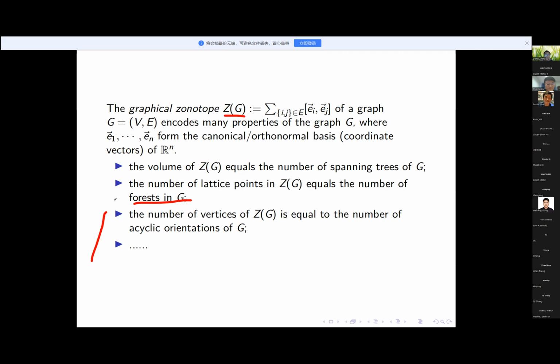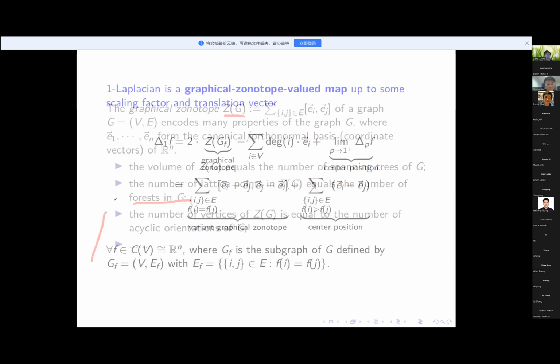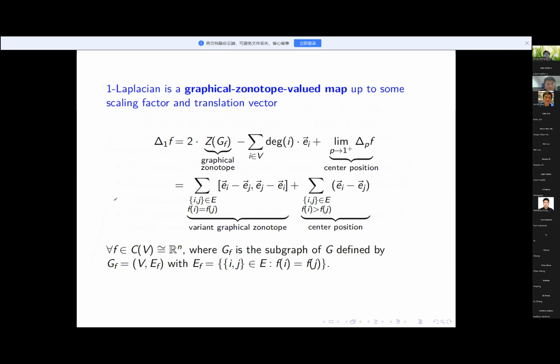Okay, let's turn to the relationship between the 1-Laplacian and the graphical zonotope. In fact, the graph 1-Laplacian is actually a graphical-zonotope-valued map, up to some scaling factor and translation vector. So what do I mean? I mean that the 1-Laplacian acting on f can be written by these formulations.